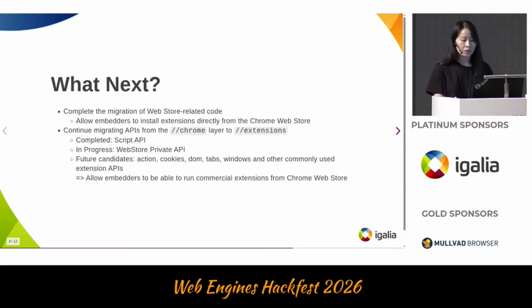heavily on Chrome UI components or Chrome-specific APIs will require additional migration work before they can function correctly outside of Chrome. The more tightly coupled an extension is to Chrome-specific functionality, the longer it will likely take before we can run it successfully in an embedded environment.